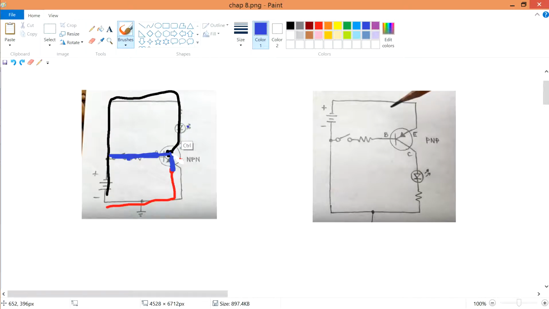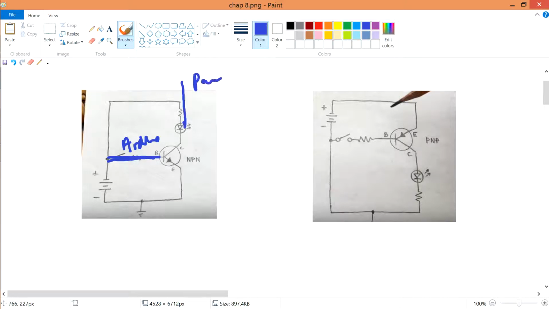So I hope that this is pretty clear and does explain to you the reason behind NPN. As you can see, if you were to close this thing, this is somewhat like your Arduino. And this is somewhat coming from maybe some other power supply.